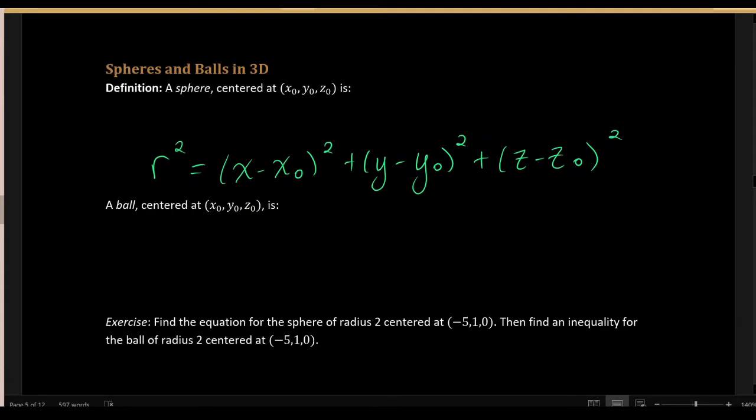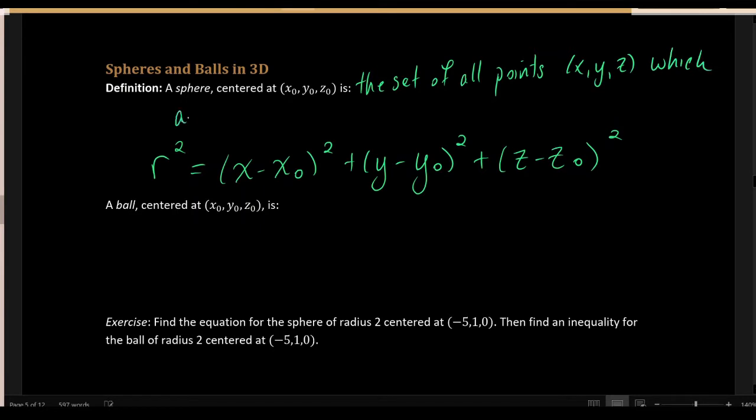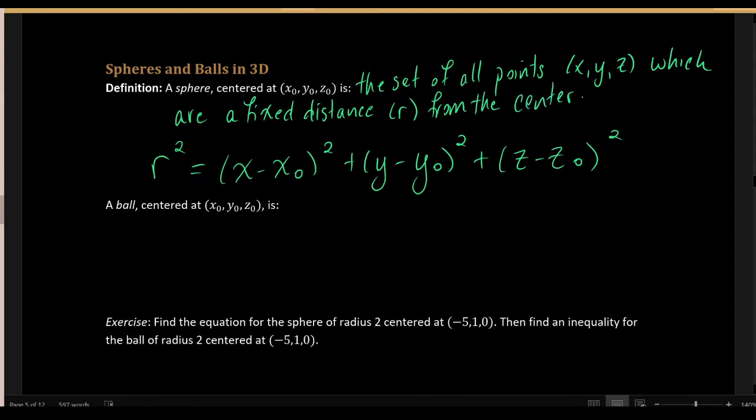A sphere centered at x naught, y naught, z naught is the set of all the points which are a fixed distance from the center. So basically exactly the same as the equation of a circle in 2-dimensional space, except this time, since we're in 3 dimensions, we do have this third term.